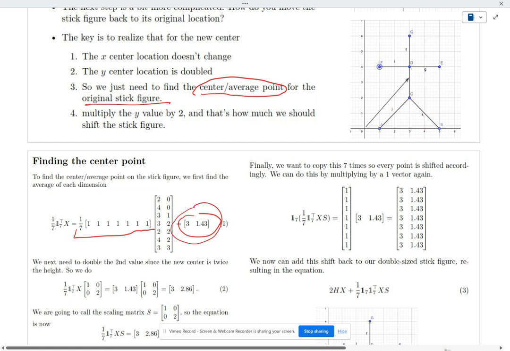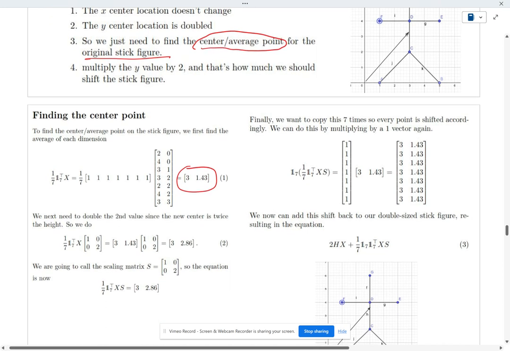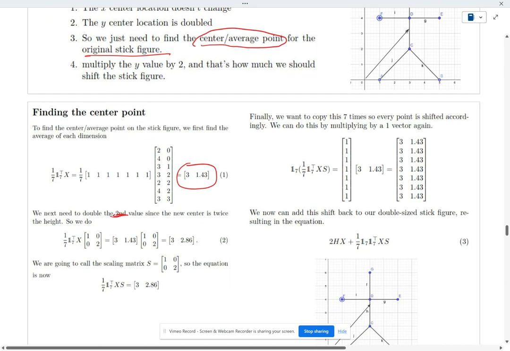Okay, so now that we know the center, the next thing we want to do is double the second value. Remember, we're still standing at 3, but the y value is doubled to here. So we want to only make the x value the same, but double the y value.